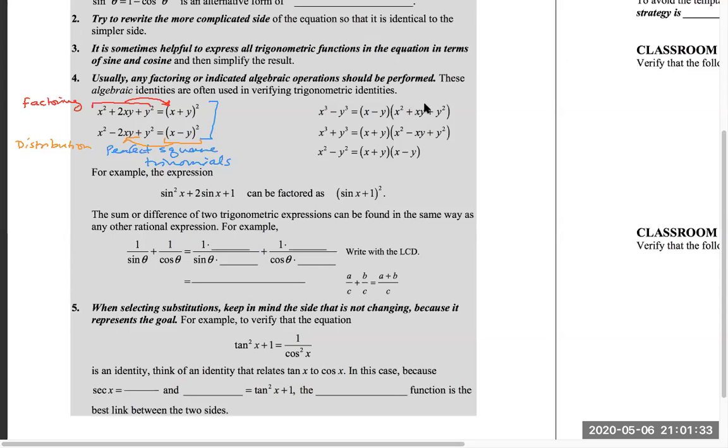Now over here, you have sums and differences of certain items. These are called sum and difference of cubes, respectively.